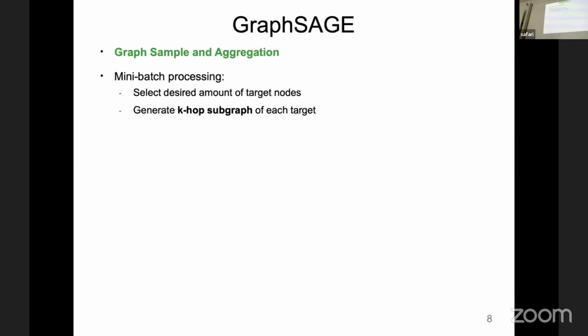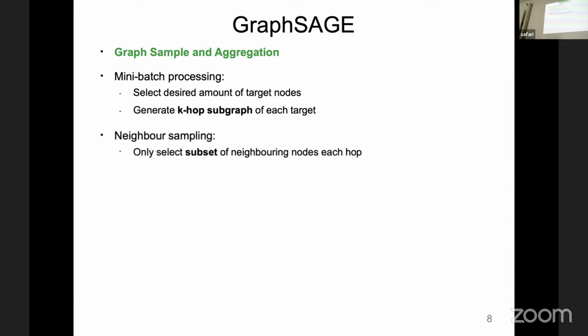A common technique to fetch nodes and feature vectors from graphs is GraphSAGE, which stands for graph sample aggregation. The key idea behind GraphSAGE is mini-batch processing, where we just select a certain amount of target nodes and only generate subgraphs of the entire network, which means we only look at the local view of the network and not a global view, so we can reduce data transfers.